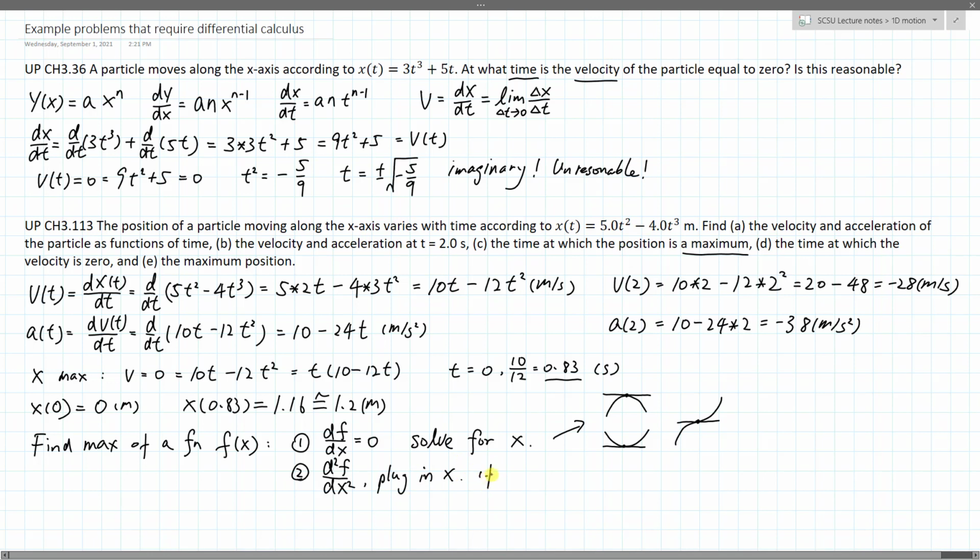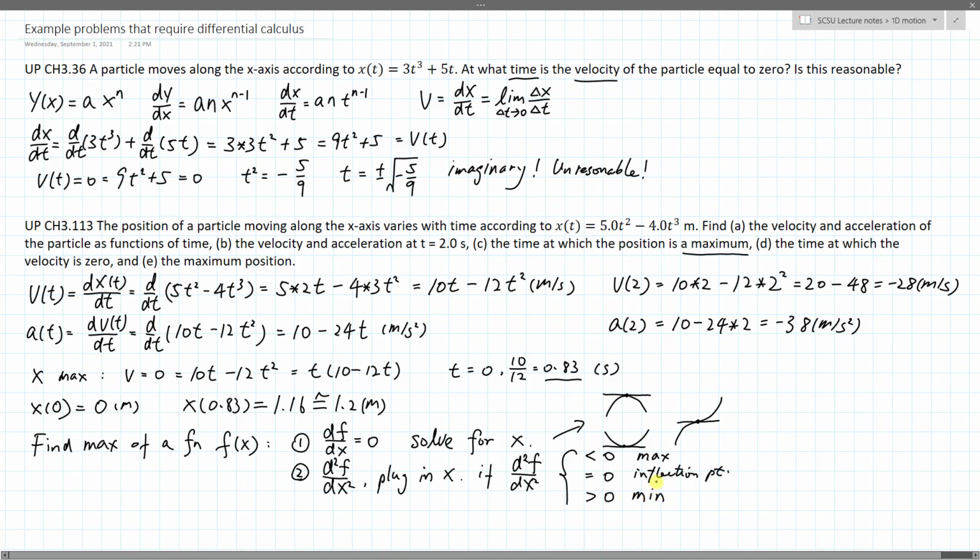So if the second derivative, well, we want maximum: less than 0, equal to 0, greater than 0. Less than 0 will actually get a max, equal to 0 we get an inflection point, and greater than 0 we get a minimum.